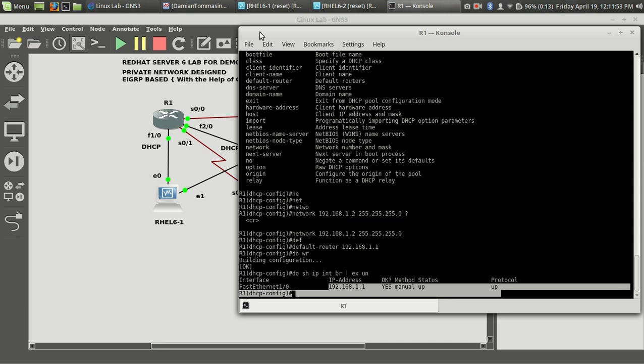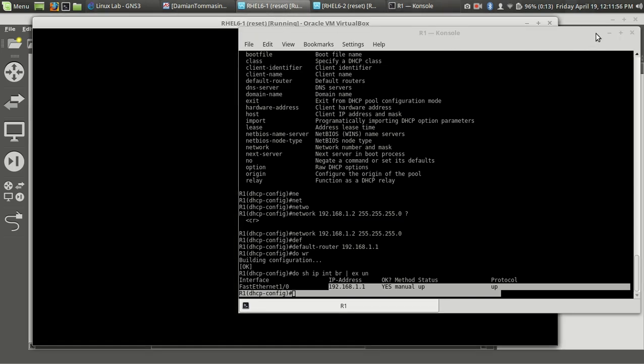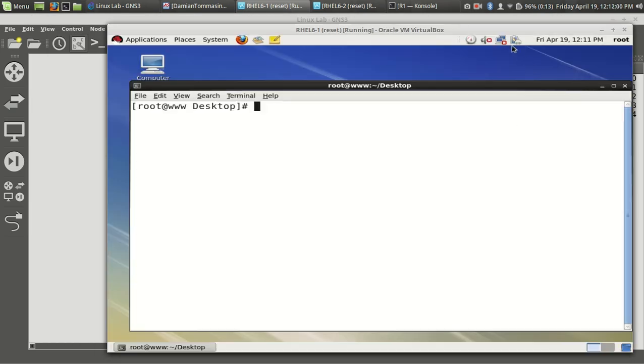If I look at my Red Hat 6 server, I have 2 LAN cards, and hopefully it will get an IP address.